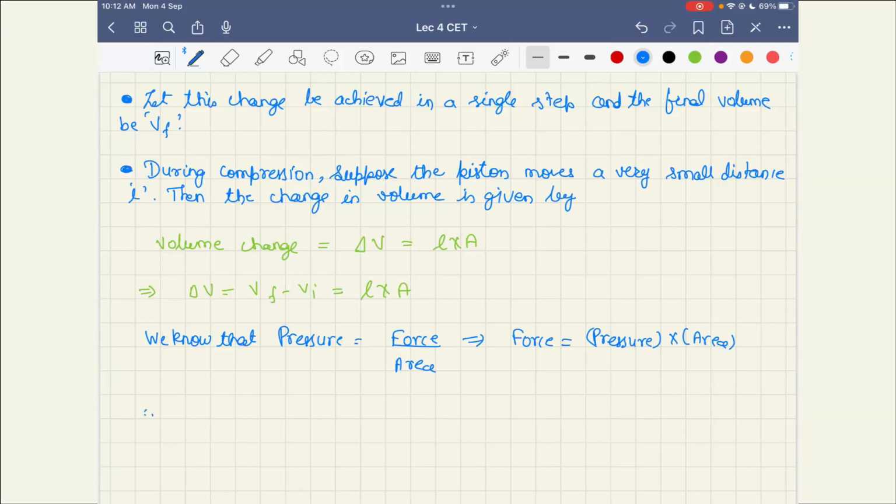Therefore force on the piston, that we call as F, is going to be P external into A, correct?